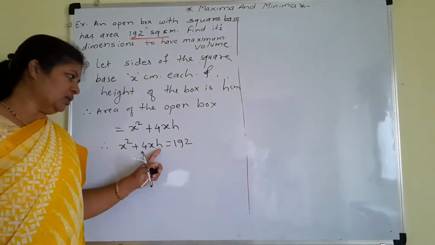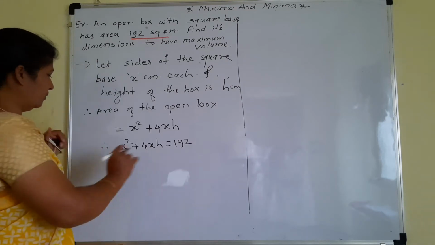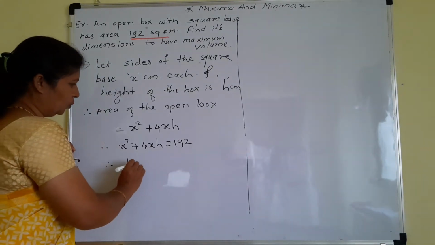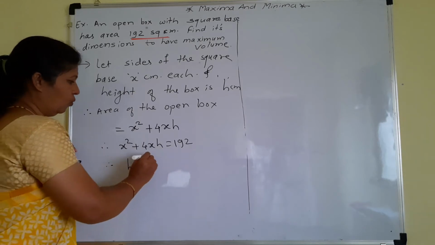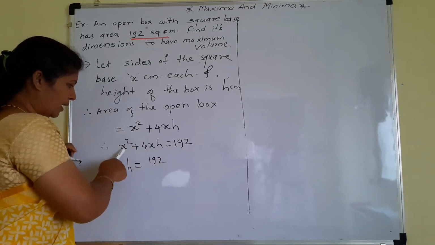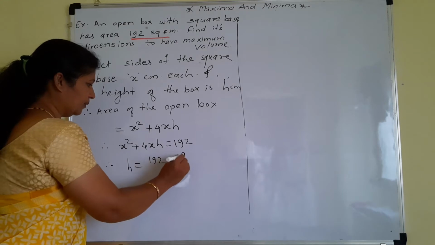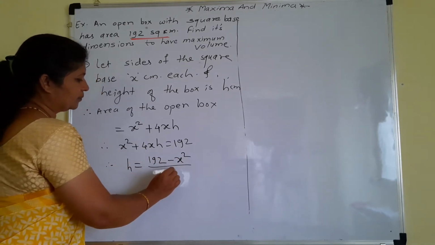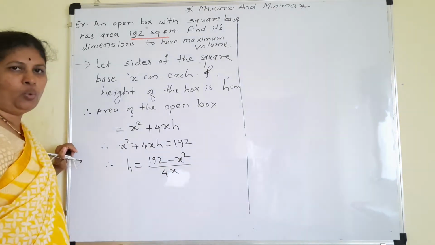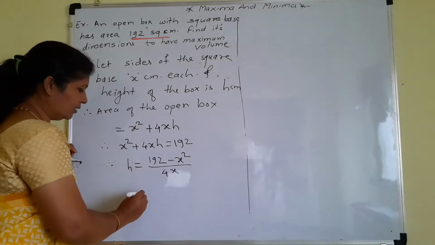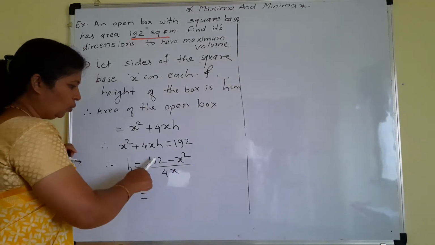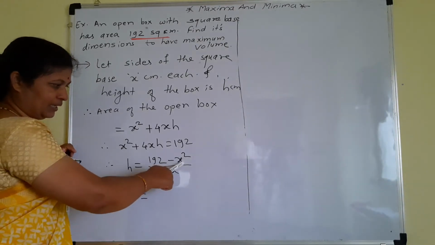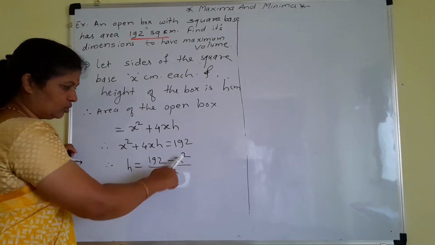Okay. So let us convert this h in terms of x. Therefore, h is equal to 192 minus x square, divided by 4 times x. You can write this as 192 upon 4x, dividing by 4 and separating the denominator for the two terms.